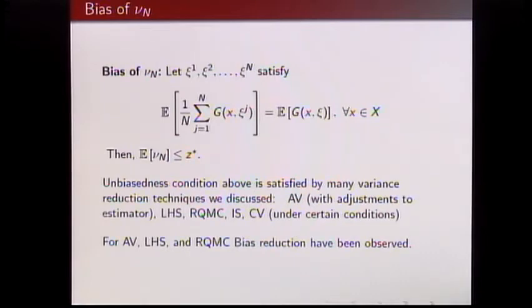Or if you know the covariance and the variance, you can use the optimal one. If you use a scalar, then it will be unbiased. So many of these things will actually work. One thing is that from the literature, antithetic variates, Latin hypercube, randomized quasi-Monte Carlo, they actually reduce this bias.